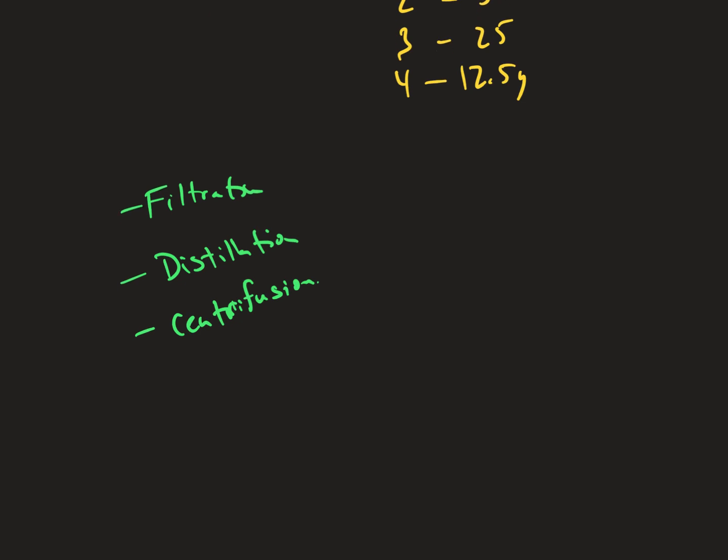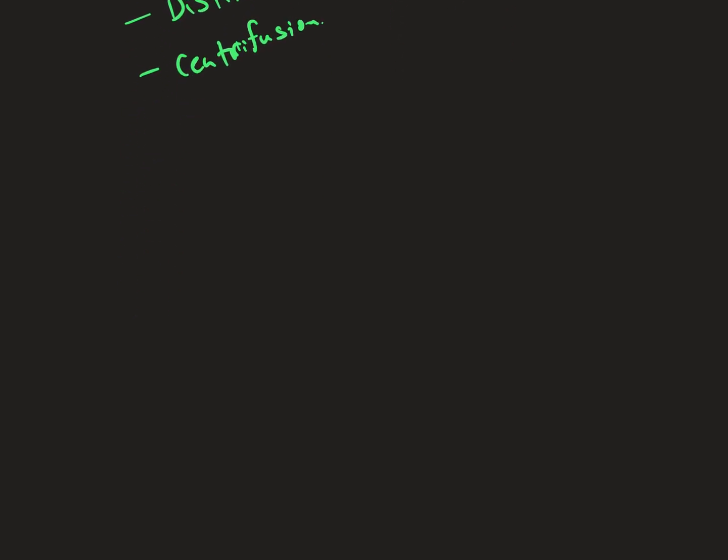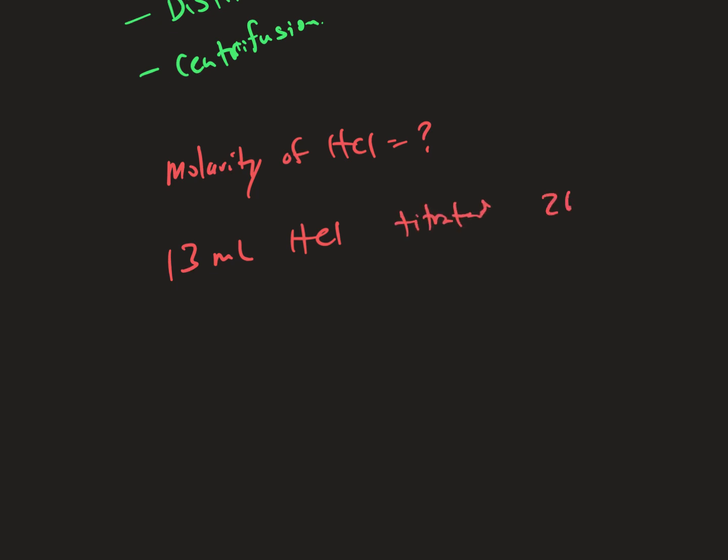It's about the acids too. It says, what's the molarity of an HCl solution if 13 milliliters of HCl solution is titrated with 25.6 milliliters of 0.130 molarity NaOH solution.